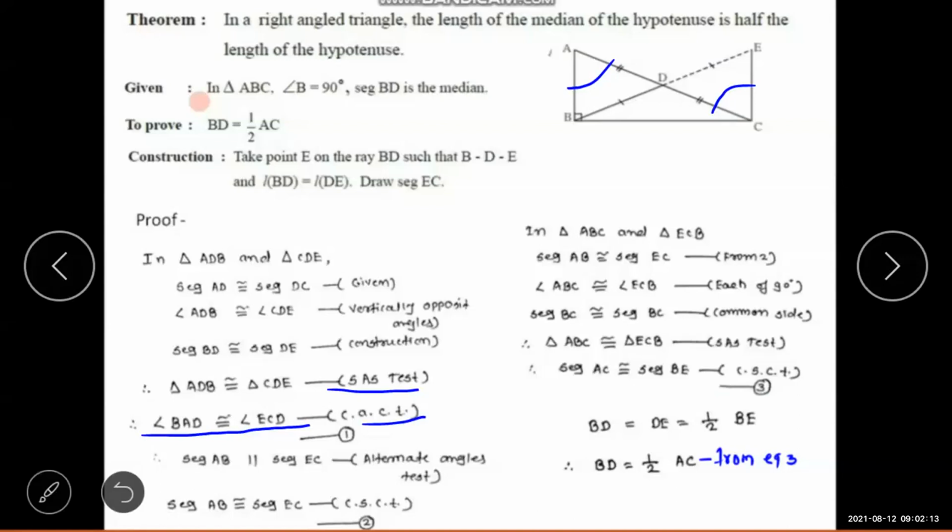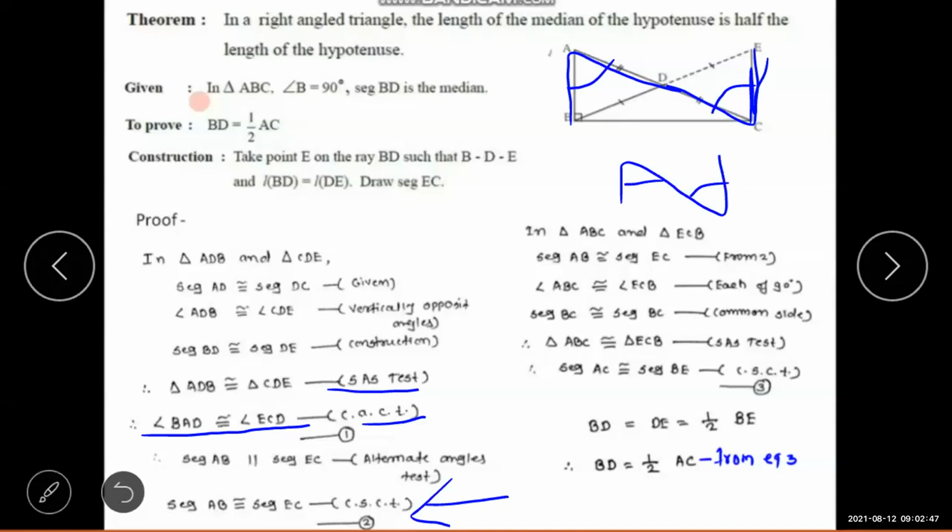Now see here, these two angles, BAD and ECD. Here the symbol is like Z, so those are alternate angles. And we know that if alternate angles are congruent, then the lines are parallel to each other. So we can say that AB is parallel to EC.